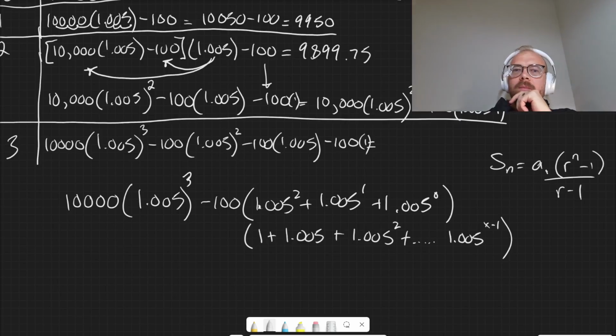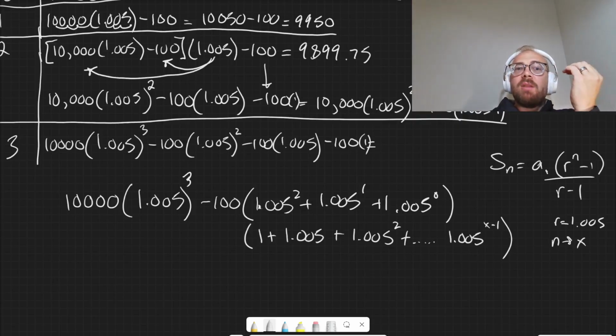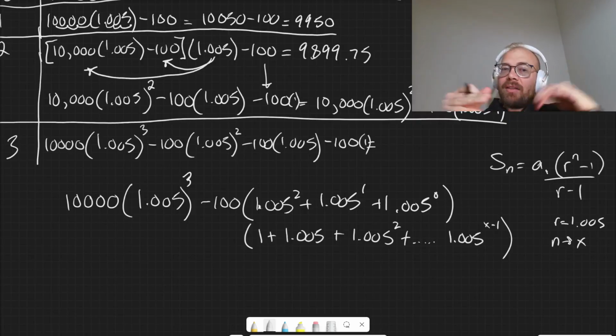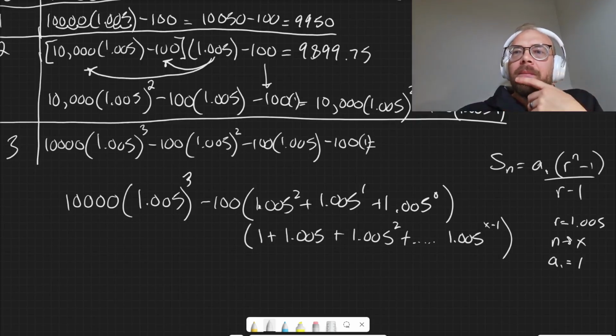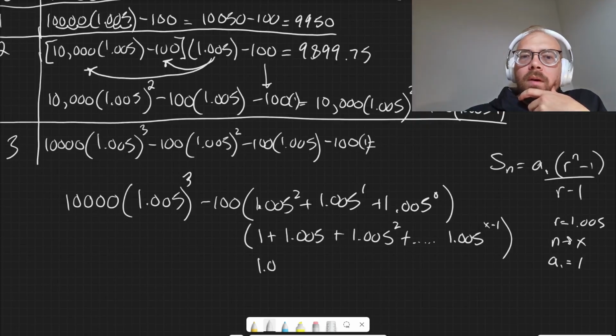The r ends up being the 1.005 in this case, and the n is just the x. And then the first term of just what's in the parentheses, not the minus 100, would actually just be 1. So that makes it a little easier. So then this ends up turning into, we've got that negative 100 outside, right?